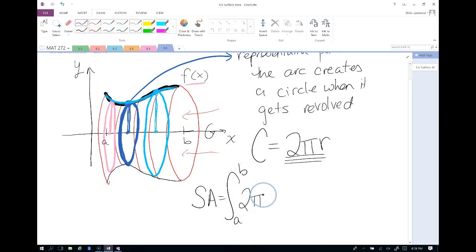We want to calculate the circumference of those circles. Remember, for r, we were just using f of x, and we need to do it for every single circle along the arc length of that function. And the arc length formula, remember, is the square root of 1 plus f prime of x squared dx.